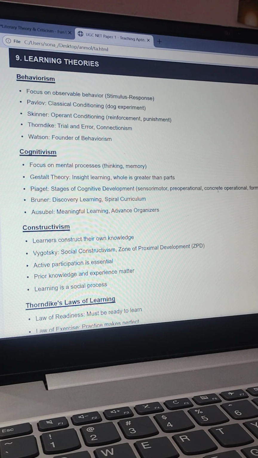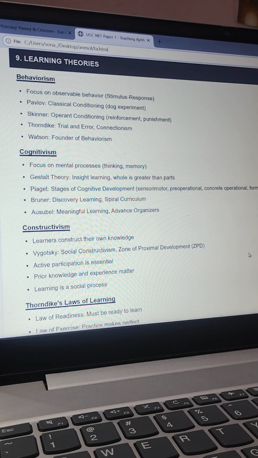And Piaget gave stages of cognitive development: sensorimotor, preoperational, concrete operational, and formal operational. And here comes Bruner, who gave the concept of discovery learning and spiral curriculum, and Ausubel, who gave meaningful learning and advance organizer. So we have discussed behaviorism and cognitivism.